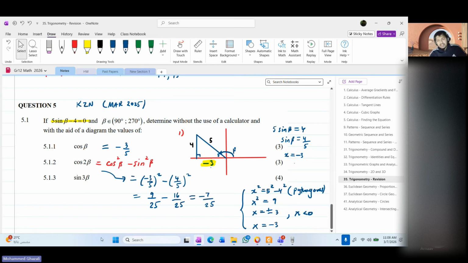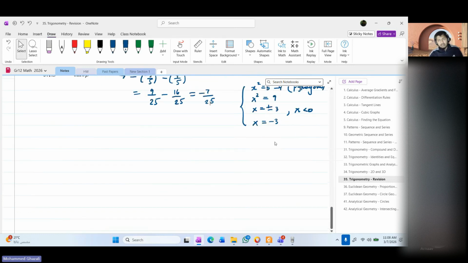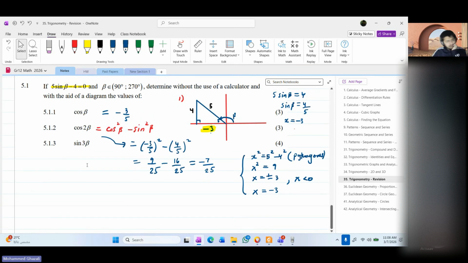And now how are we going to find sine 3 beta? This is 4 marks. This is something different, and this is where most students will get stuck. Because for sine 3 beta, what must you do? Well, go and start using your expansion angles.